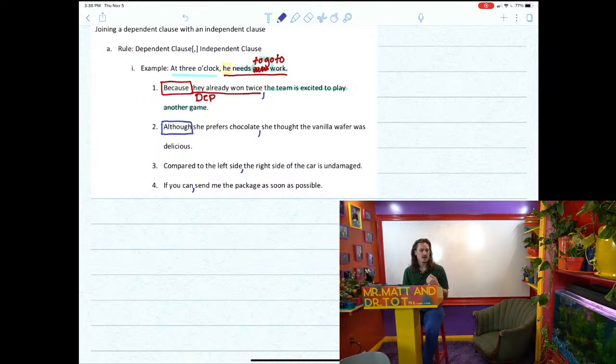Me in that sentence is not the subject of the verb. It's you that should send me the package, right? So me is an object. You are the subject, but the command conjugations in English have that implied in the meaning. So a lot of times the subject is omitted in those types of phrases.